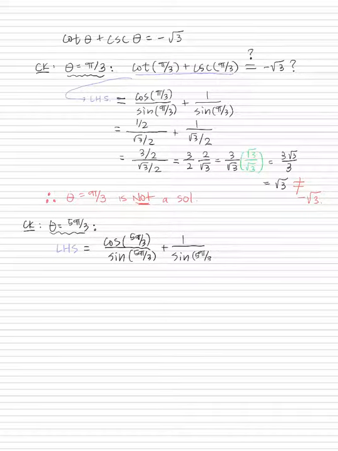Oops, 5 pi over 3. All right, so now our job is to compute this. So let's get started. So cosine of 5 pi over 3. Let me just jot down the picture and determine where 5 pi over 3 is going to lie. So 5 pi over 3 is what? 5 times 60. So what is that? 300. So it's going to lie in quadrant 4.